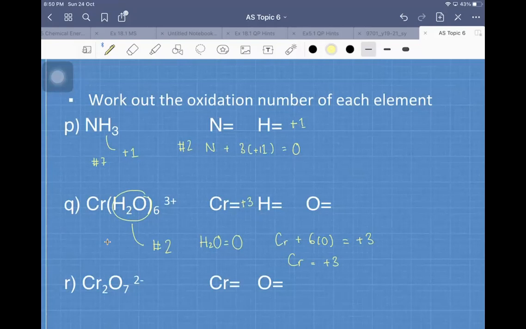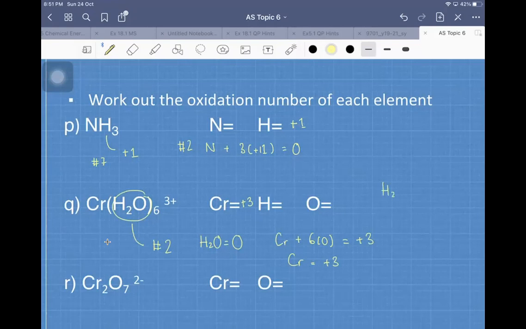H2O, you can treat it separately because it is like a separate entity. If you notice that they are being put in a bracket, that means H2O is independent of, it's not affecting the chromium. Okay, so you can treat H2O on the side.